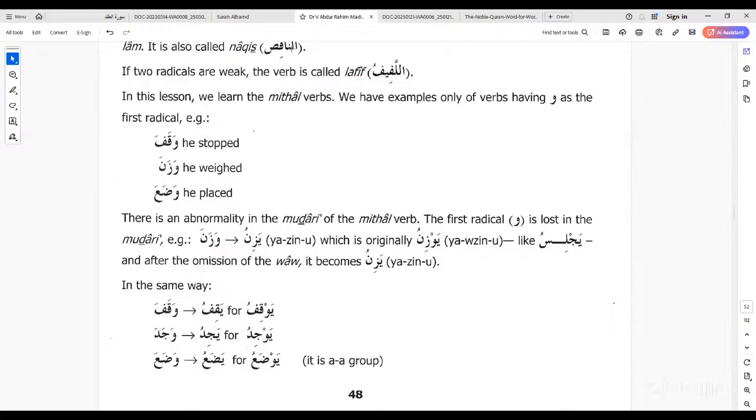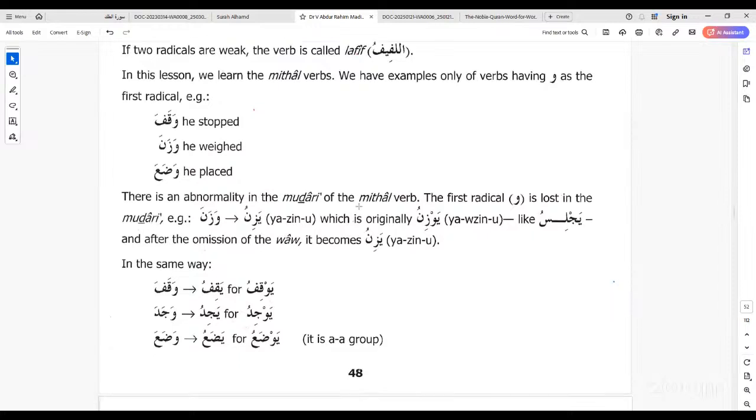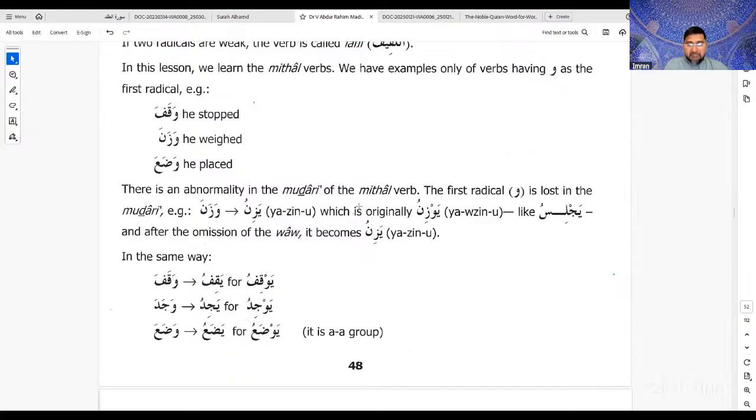The first radical, waw, is lost in the mudari. Mudari means present. For example, wazana yazinu, which is originally yawzinu, like yajlisu, and after the omission of the waw, it becomes yazinu.